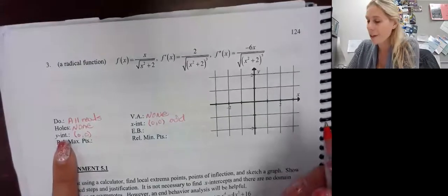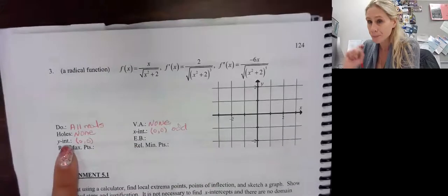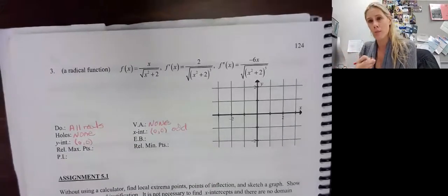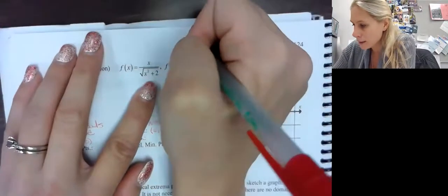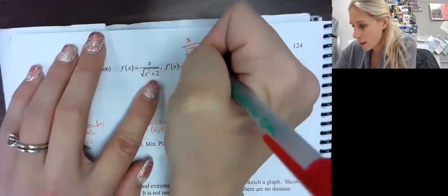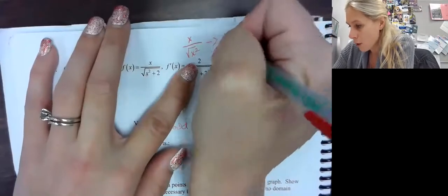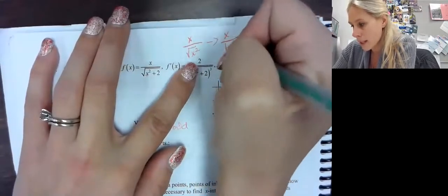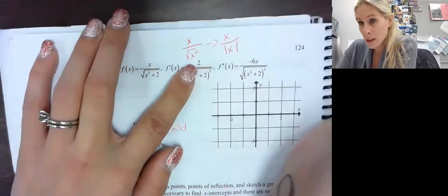As to end behavior, this one's going to be a little bit trickier. Remember, end behavior is from our exponents, right? So if I look at the highest exponents, I have x over the square root of x squared. Well, if you think about that, that means we have x over the absolute value of x.